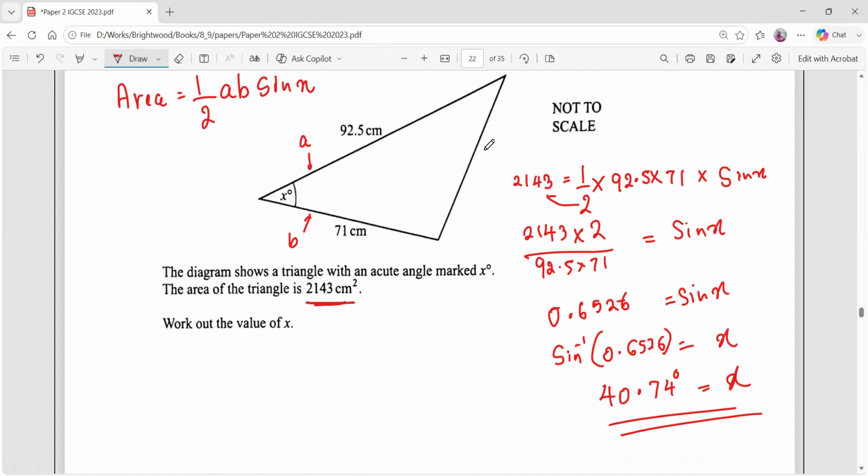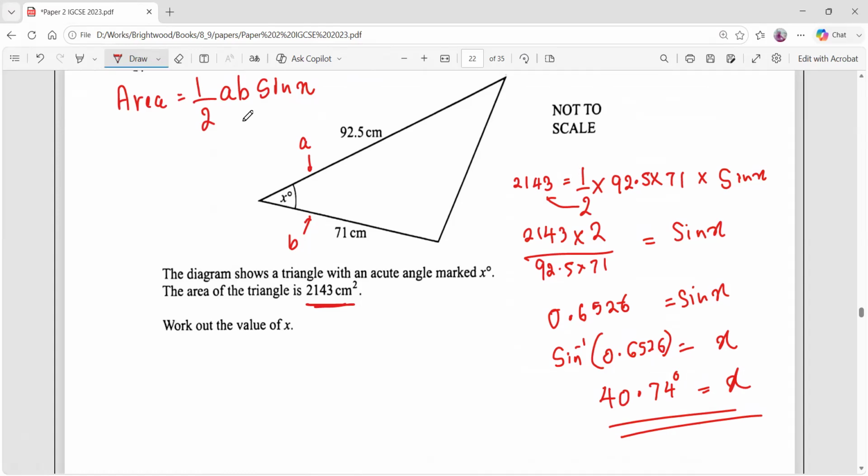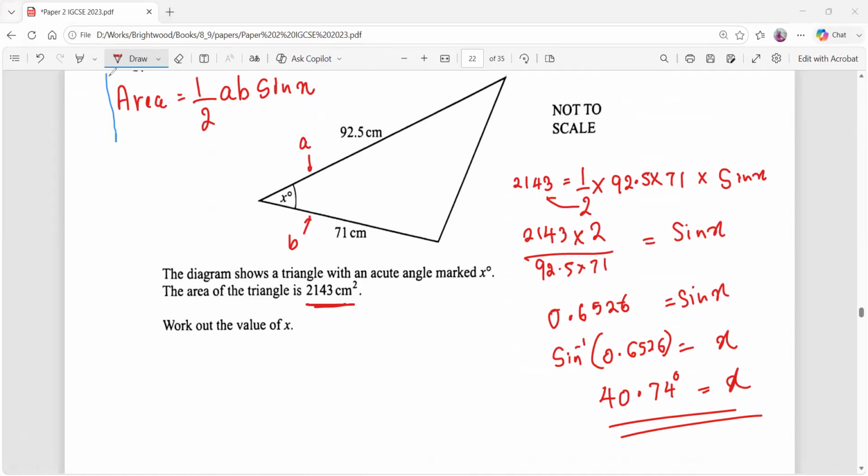First of all, you have to remember the equation. The area equation is, what is that? Write it again and again and clarify that area is equal to half into AB sin x, half AB sin x, and simplify it.